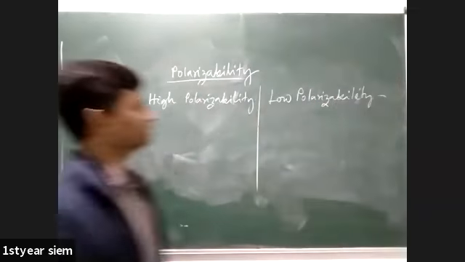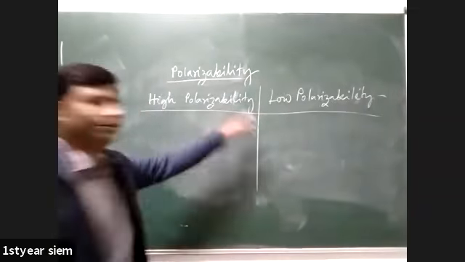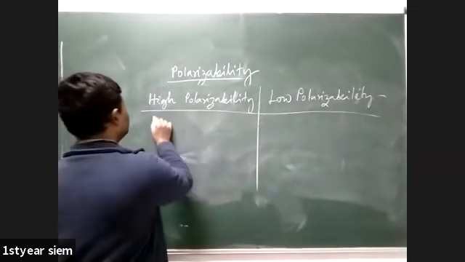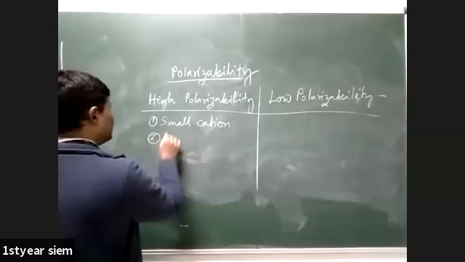The conditions for high polarizability are a small cation and a large anion.